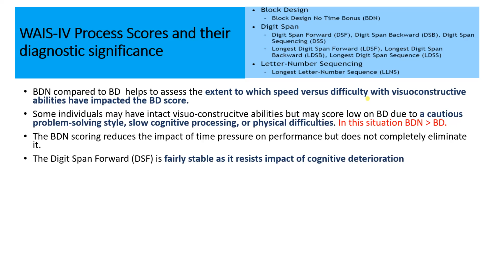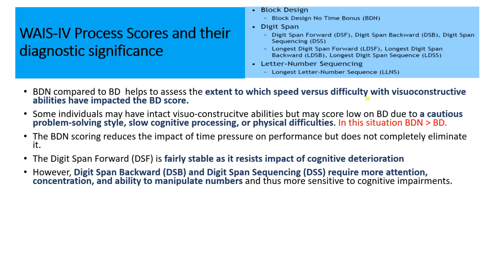Coming to another task and the process score, the digit span. So it has been noted that DSF, the digit span forward, is fairly stable because it resists the impact of cognitive deterioration. So cognitive impairment is not very easily detected on digit span forward.